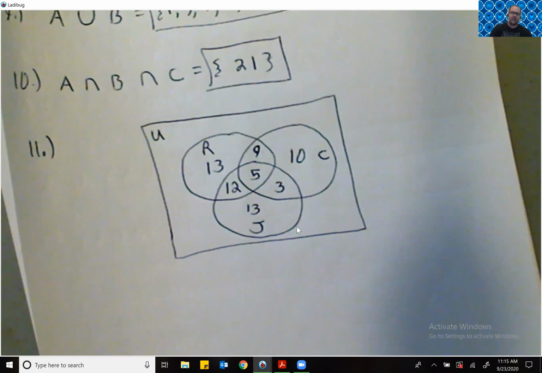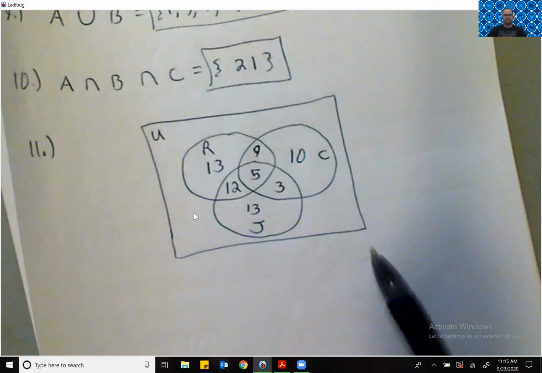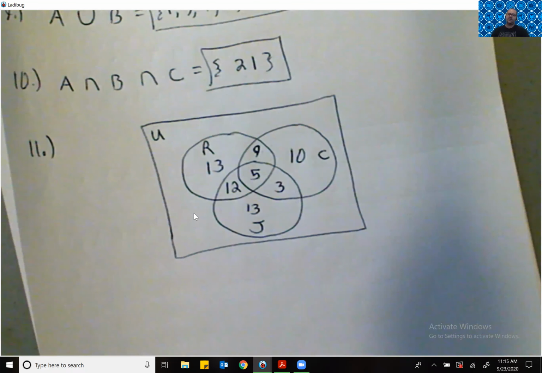You need to take all of these numbers that we have in here, all 7 of them, and subtract them from 113, and that will tell you if there's anybody in the universe, because not everybody listens to rock, classical, and jazz. So is there anyone in the universe? Is it 48? It is 48.